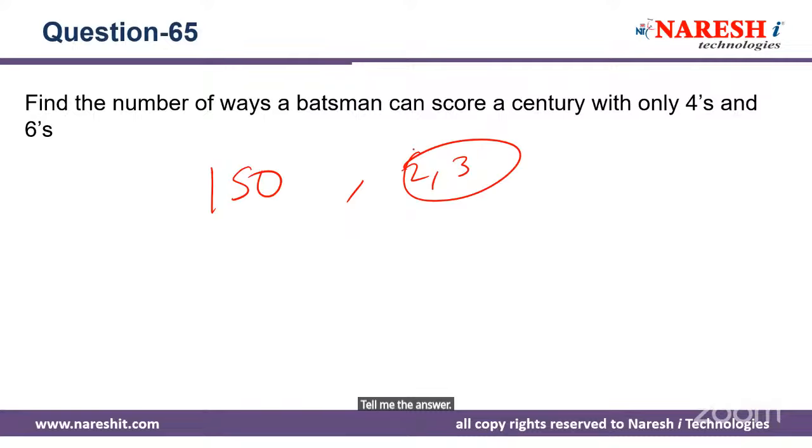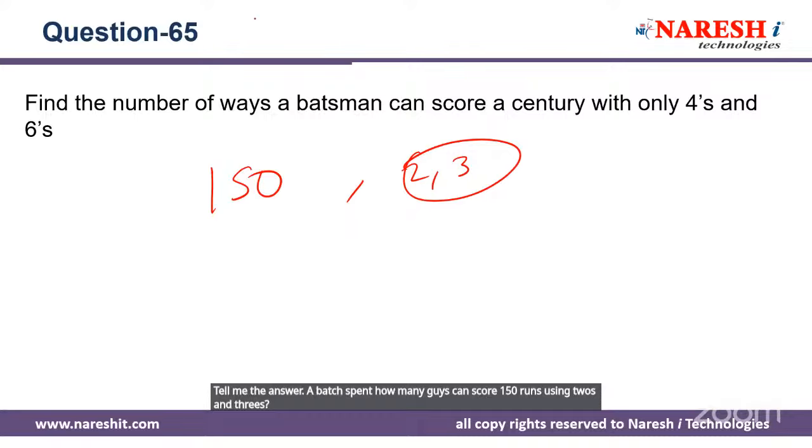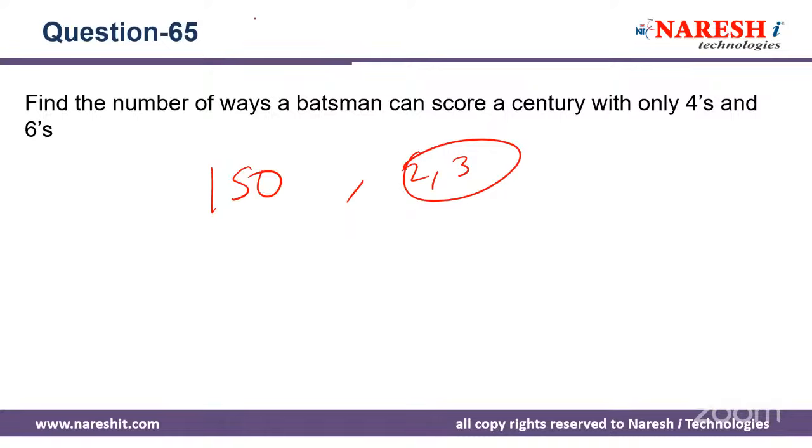How many ways can a batsman score 150 runs using twos and threes? 25. Yes, simply 150 divided by 6. 25 ways.